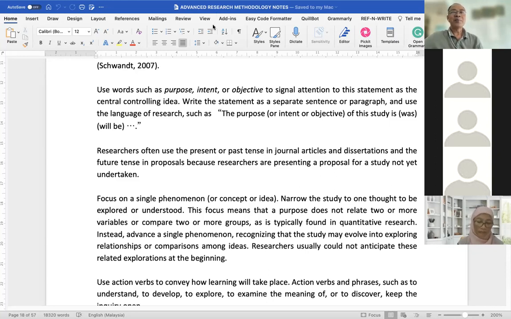So some people write the research questions after the problem statement, because both a problem statement and research questions are in the form of questions, something that we want to answer, right? Sometimes they write the research problem in terms of a few issues that need solutions, right?